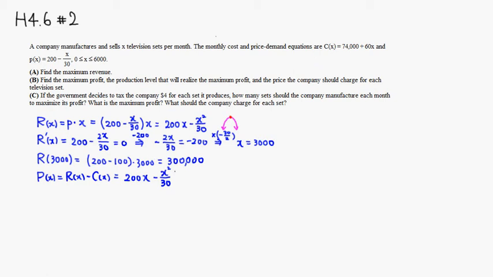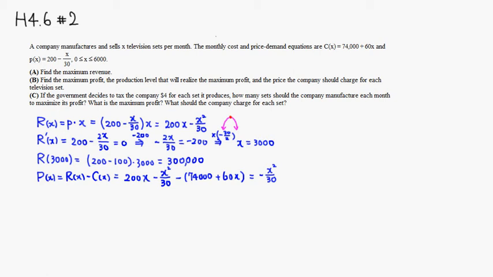So we're going to have to subtract the cost function, which would be 74,000 plus 60x. And we can simplify a bit. I'm going to put the x squared term first, so it's going to be negative x squared over 30.